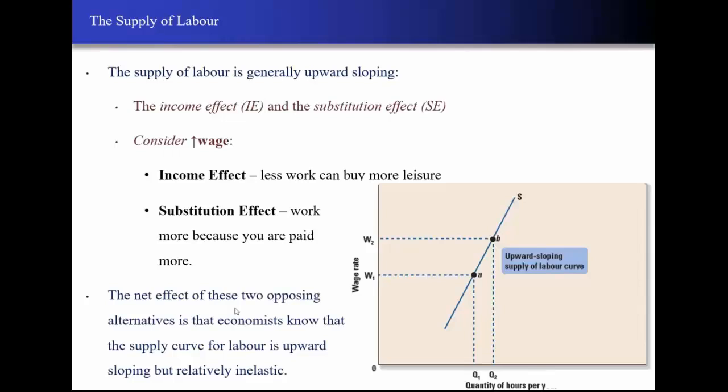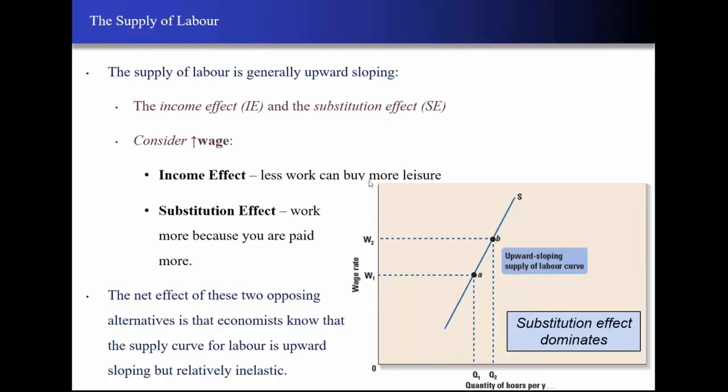For the most part we would think the substitution effect dominates, but at higher wages we can certainly see the income effect starting to dominate, right? If you're making $100 an hour and you get a $20 wage increase, you're making a lot of money and you're able to get a lot of the material things you want in life.